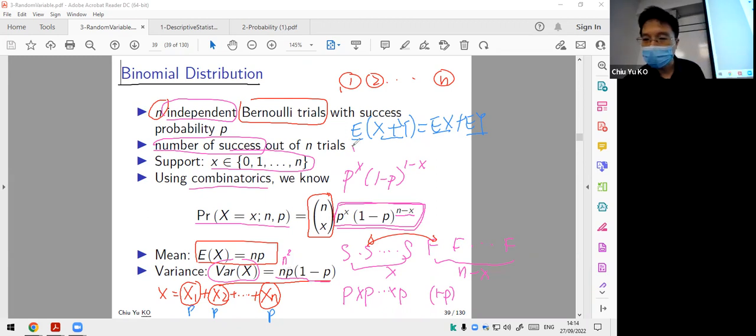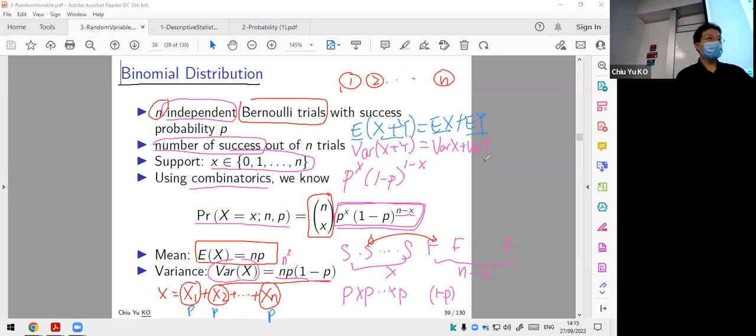What we're actually using is that variance of X plus Y, because they're independent, equals variance X plus variance Y. That's the formula behind it. Each one has variance P times 1 minus P, with n of them. So we use that when they're independent, the variance of the sum is the sum of the variances.